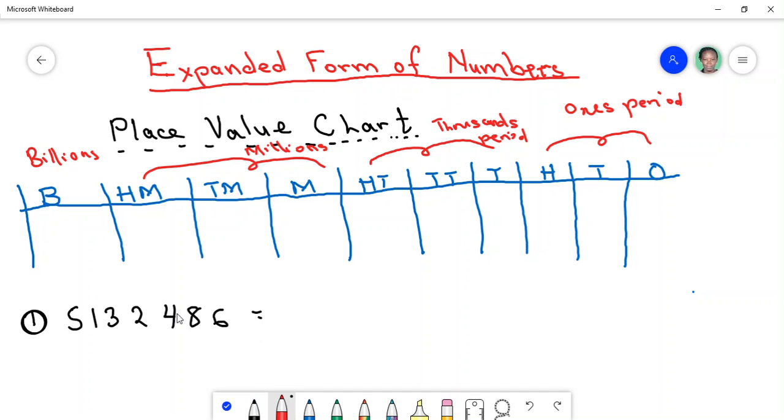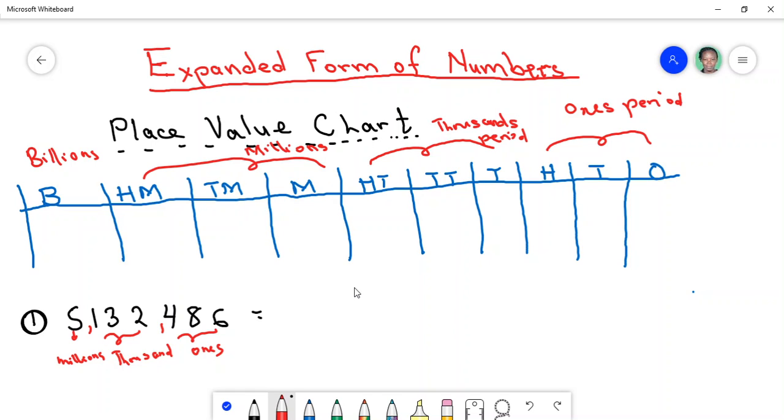I know this is my ones, this is my thousands, and this is my millions. So from the go, I could tell that this number is in the millions column.